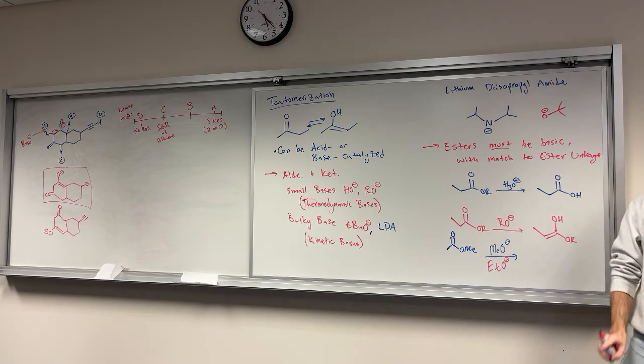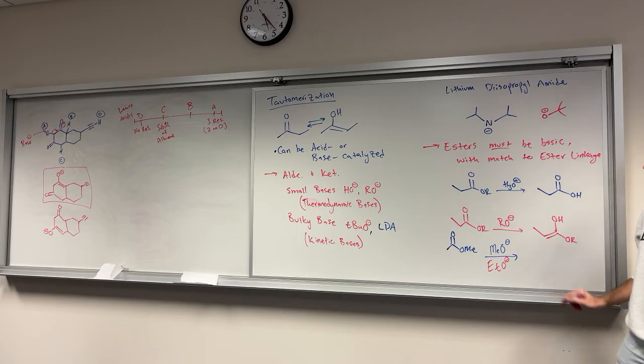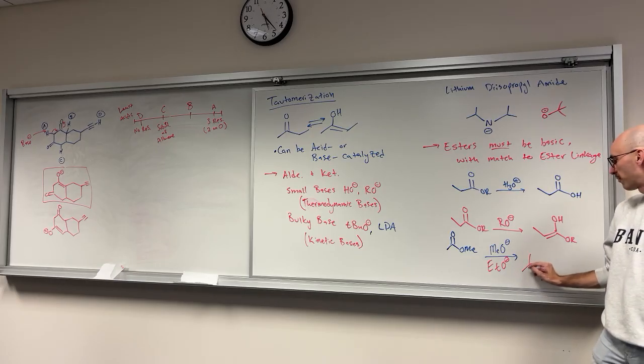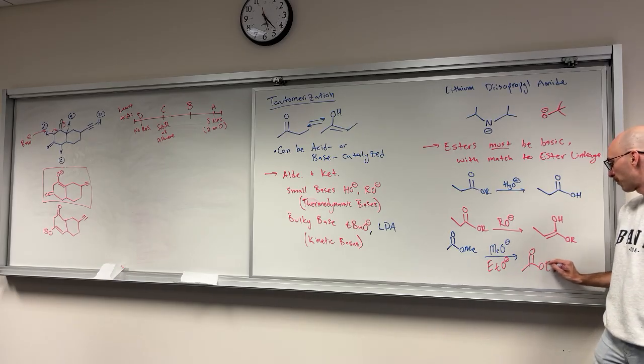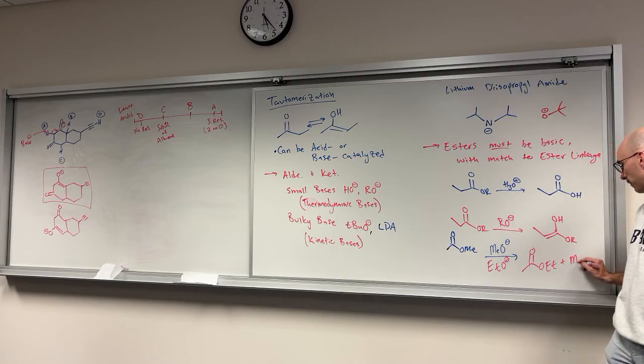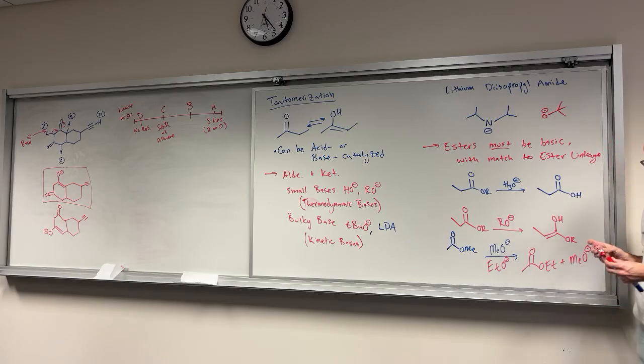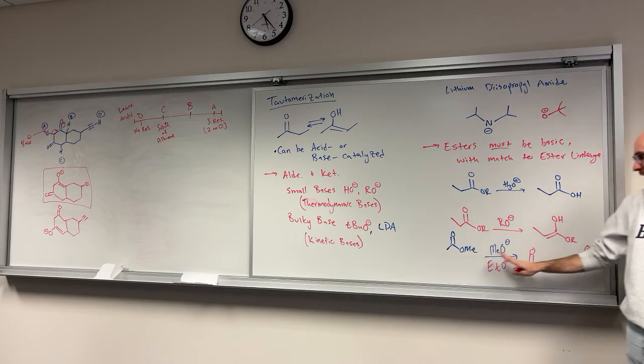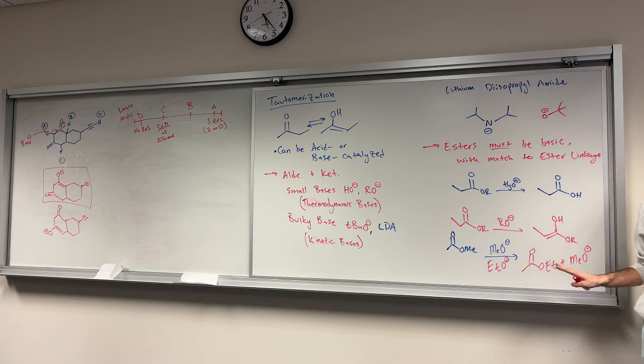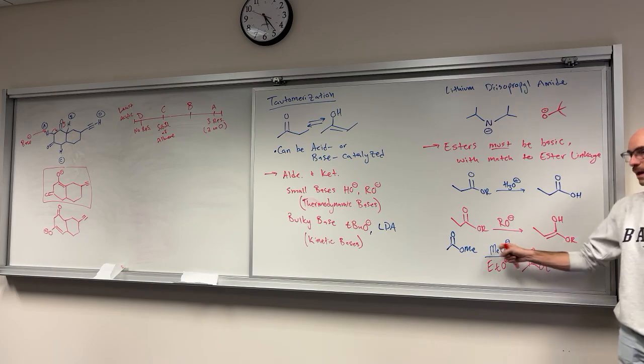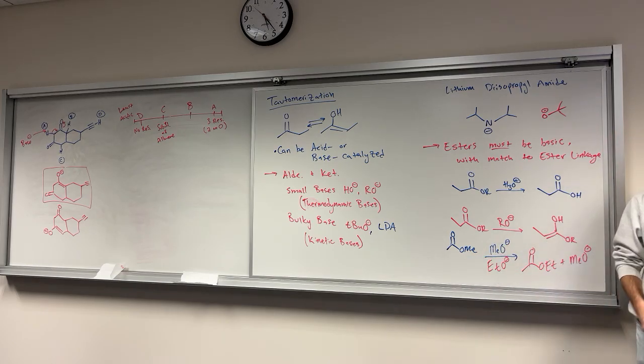It's not that it wouldn't do anything, but we run the risk of transesterification. Ethoxide, kind of like hydroxide, can react with my ester and substitute the ester linkage. So we avoid transesterification by making sure the base matches the ester. As simple as that.